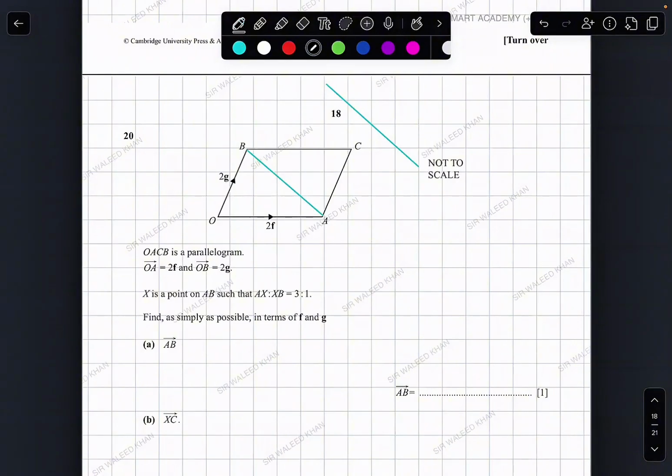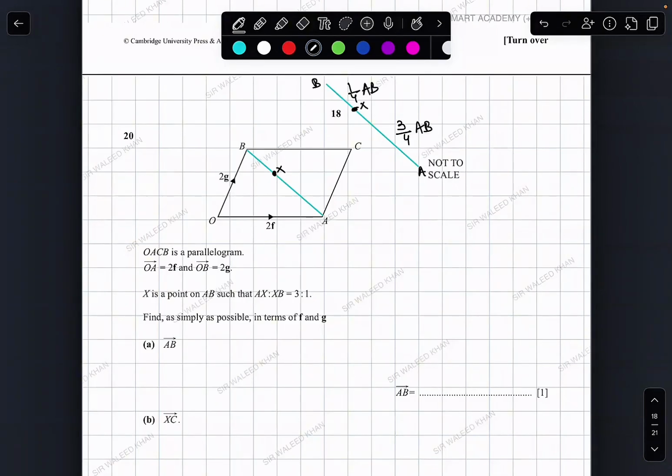Let's say the point over here is X, and I'm representing it over here so that you can have a good idea what we are talking about. AX is 3 parts, XB is 1 part. Right? 3 out of a total of 4 parts of the full length AB, and 1 out of 4 of the total AB.